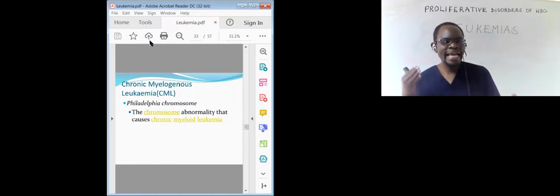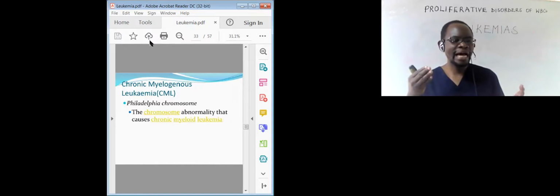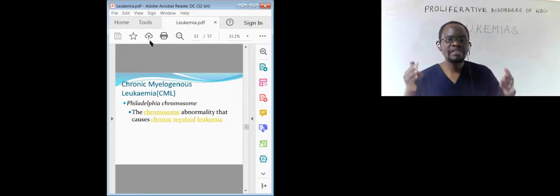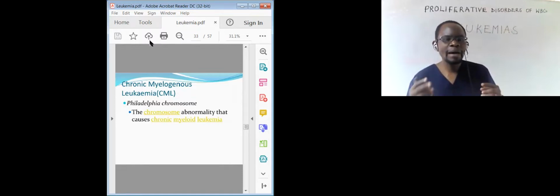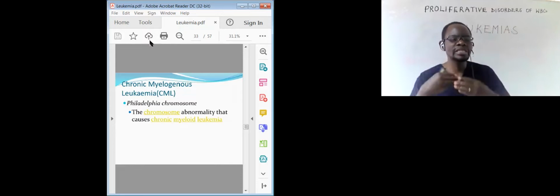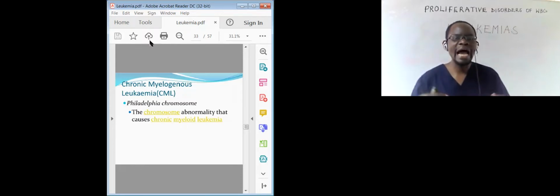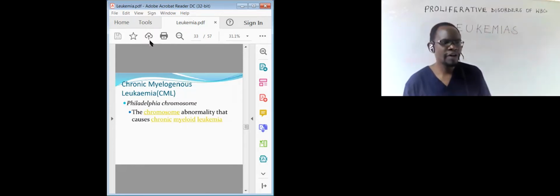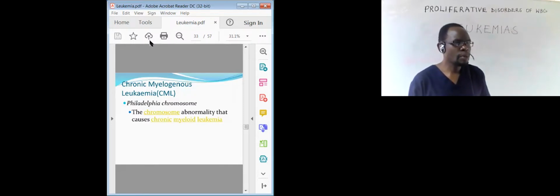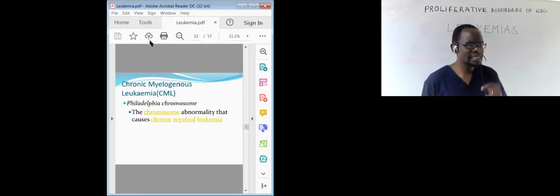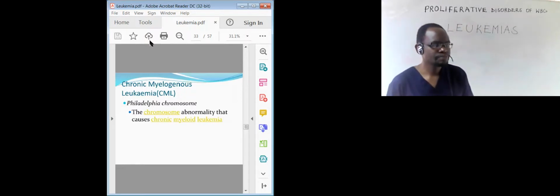Instead, a problem occurs in the original normal chromosome, whereby there is translocation of some genes, giving rise to an abnormal chromosome, which we refer to as the Philadelphia chromosome. So it is the chromosome abnormality that causes this kind of leukemia.